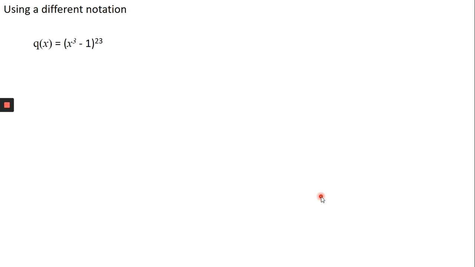So we know there are two different notations. If we're using the function notation, here's a similar one. We've got q of x equals x cubed minus 1 all to the power of 23. We're going to let u equal g of x. Again, it could be a q and a g, could be an f and a h, could be anything. And then we're going to say y equals f of u, which is u to the power of 23.